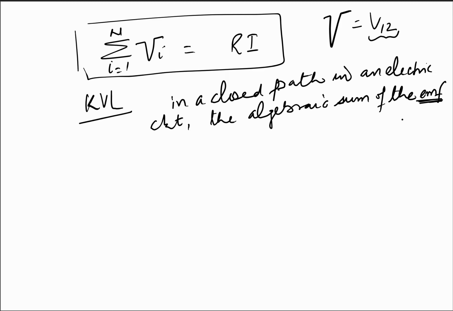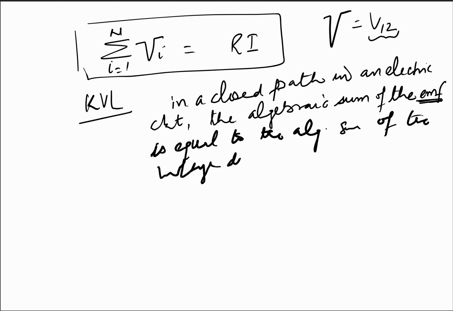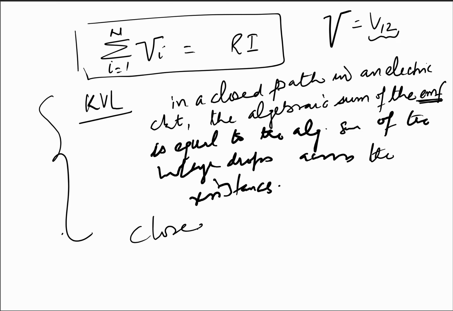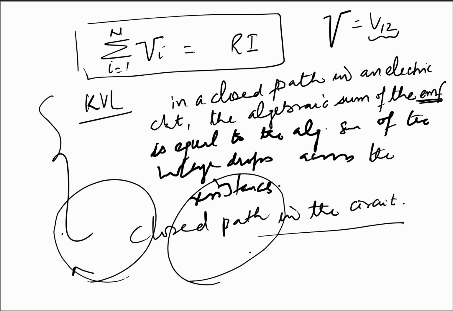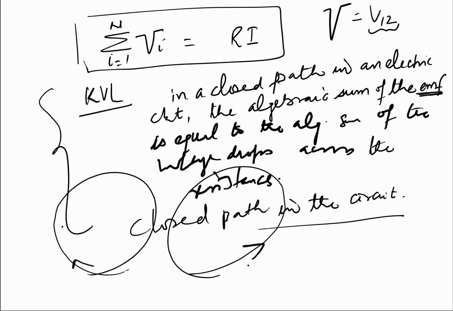The algebraic sum of the EMFs is equal to the algebraic sum of the voltage drops across the resistances. So we see that this applies to any closed path in the circuit. And we can trace the path either in this direction or in this direction, because we took an arbitrary direction while deriving this result. So this is the basis of Kirchhoff's voltage law in circuit theory.